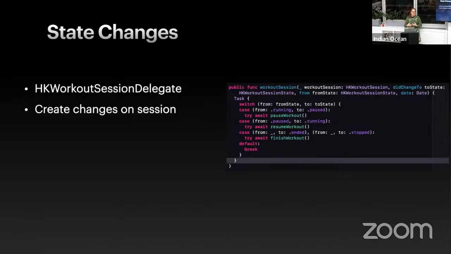Is it going from pause to running? Similarly, we want to then resume the workout. Is it going from any state to an ended or a stopped state? In which case, you just want to finish the workout at that point. So that's how you do all of this management of the different states of the workout, which is pretty cool.